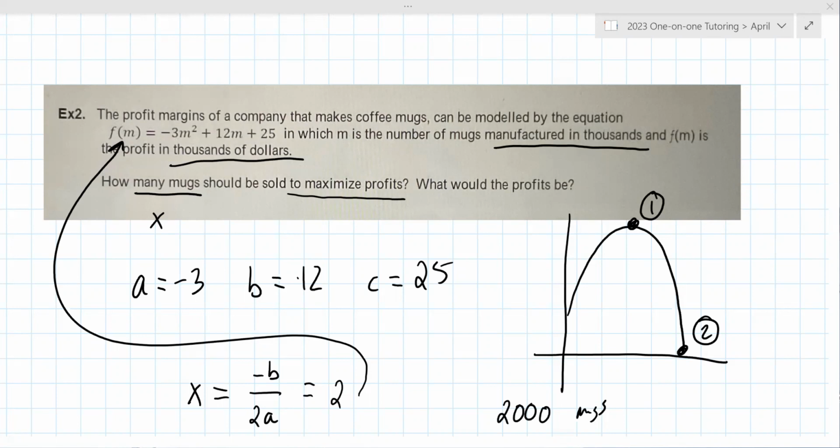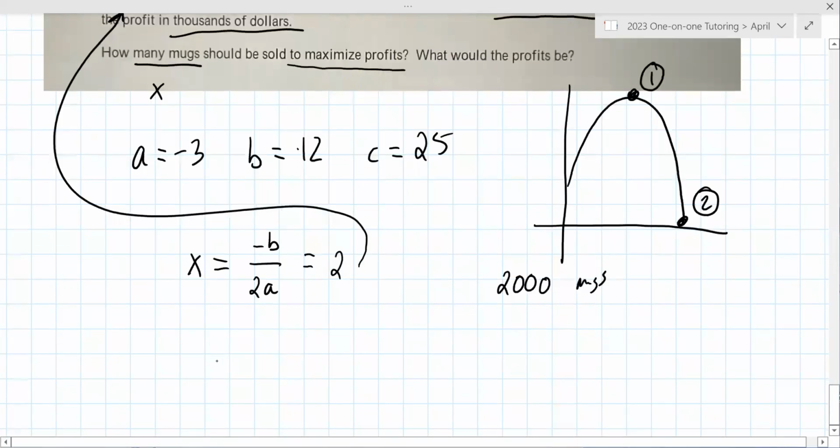I got -3 times 2 squared plus 12 times 2 plus 25. So you square first. Maybe that was the error. Yeah, I think that was.